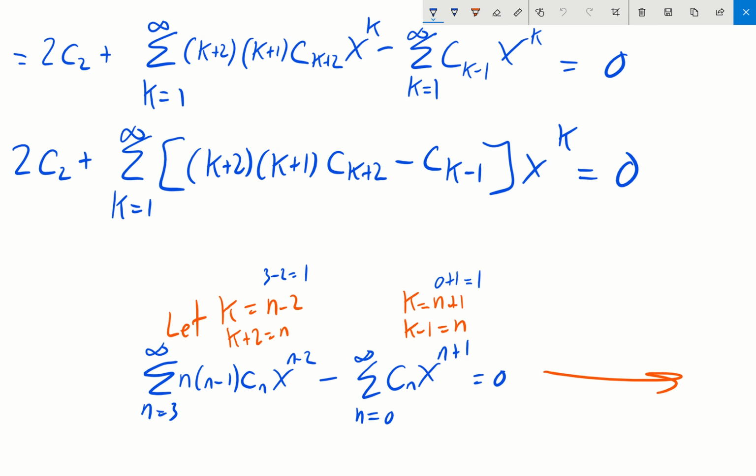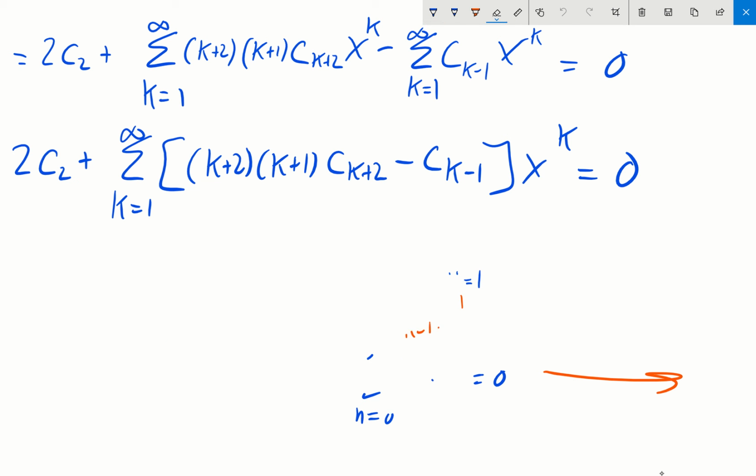So now we've combined all of our terms into one series, and we know that the series is set equal to 0, which means that now all of these coefficients have to be equal to 0.